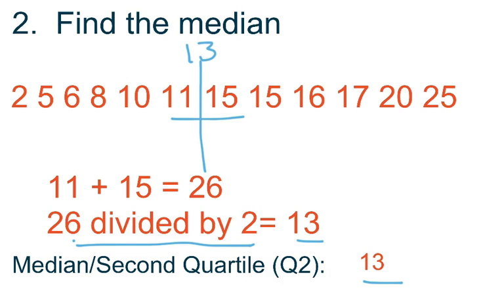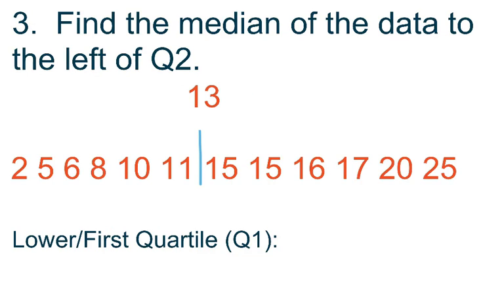Now, the next step is I'm going to find the median on the left side of the Q2. Since my median is 13 and it's in the middle of that 11 and that 15, this 11 becomes part of this data set. So I'm going to use all of these numbers to the left of that line to find my median on this side.